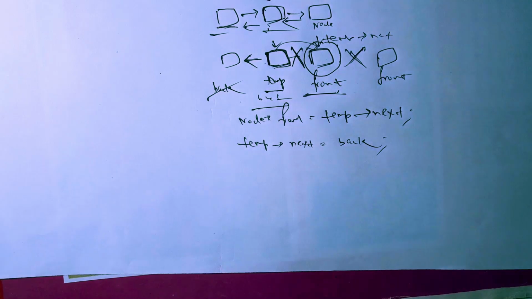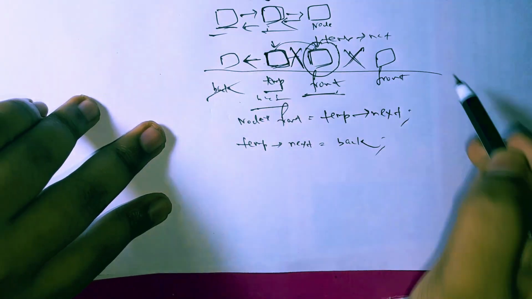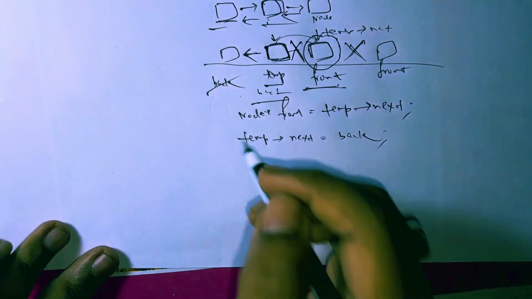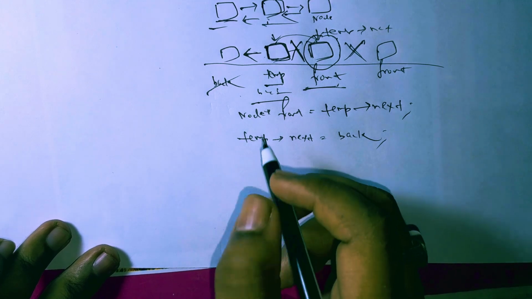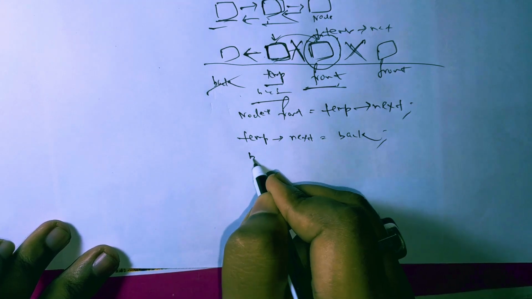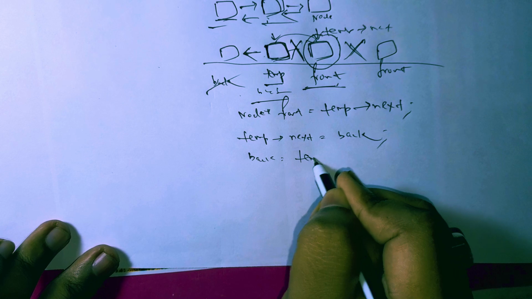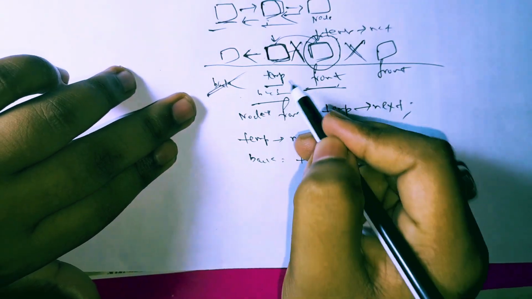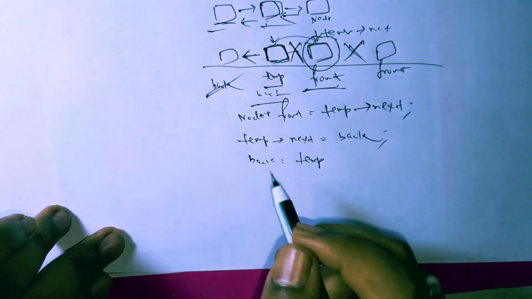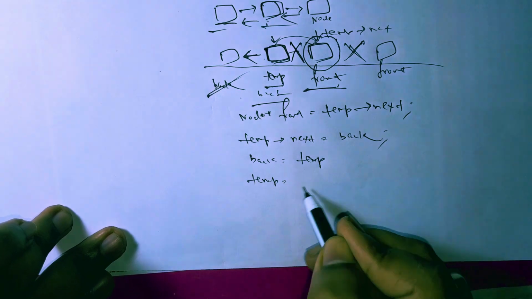This is the way the linked list will be reversed. So I will write temp next equals to back, and back equals to temp, because I will move the back pointer also. Back is equal to temp, and temp is equal to front.